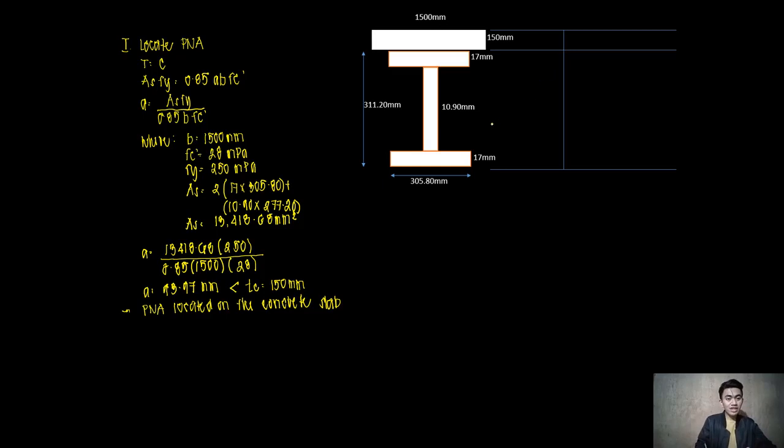Another way to check if our computation here is correct is by determining and then comparing the strength of the concrete with the strength of the steel. How are we going to do that? Let me write it here.